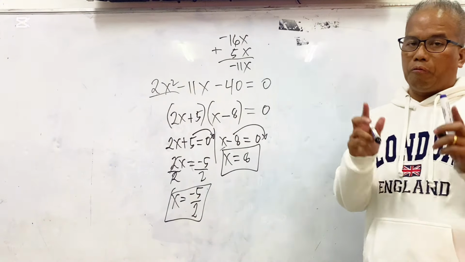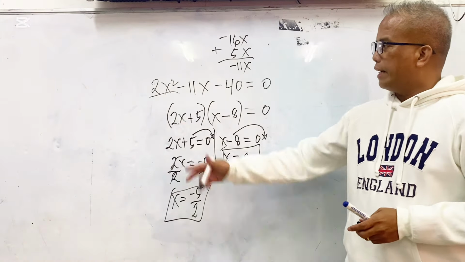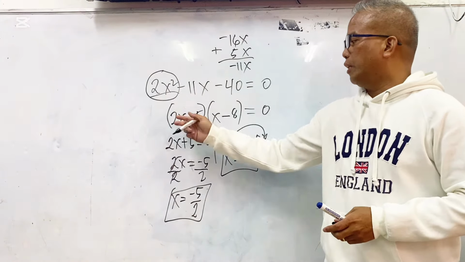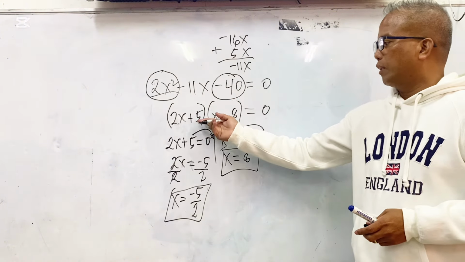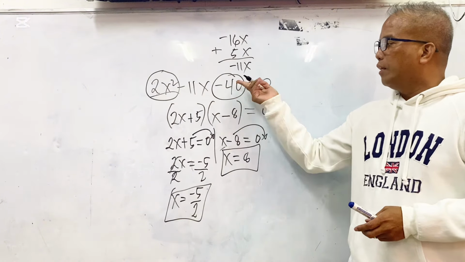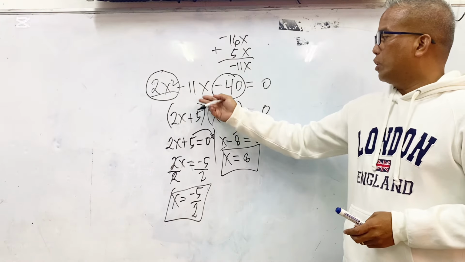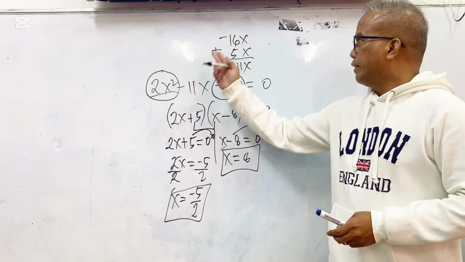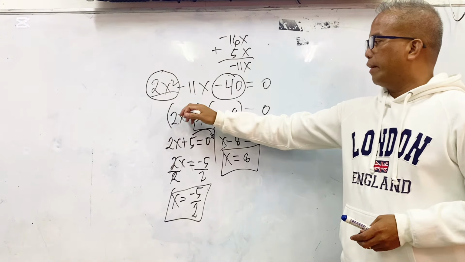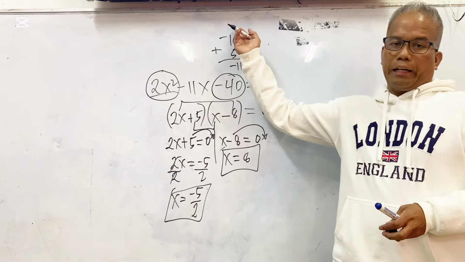Okay, I will repeat. If you are going to use factoring, always start with two parentheses. Then start here. This is the first term; the factors are 2x and x. This is the last term; -40, with factors 5 times -8 equals -40. Then to check whether your middle term is correct, multiply the inner terms, which equals positive 5x, and multiply the outer terms, 2x times -8 equals -16x.